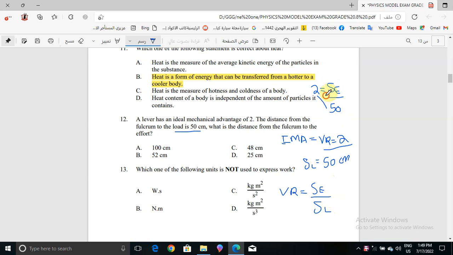Then when you cross multiply, SE will be equal to 2 times 50. It will be divided by 2, why? Because the formula is VR equal to SE over SL, so the correct answer will be 25 centimeter.